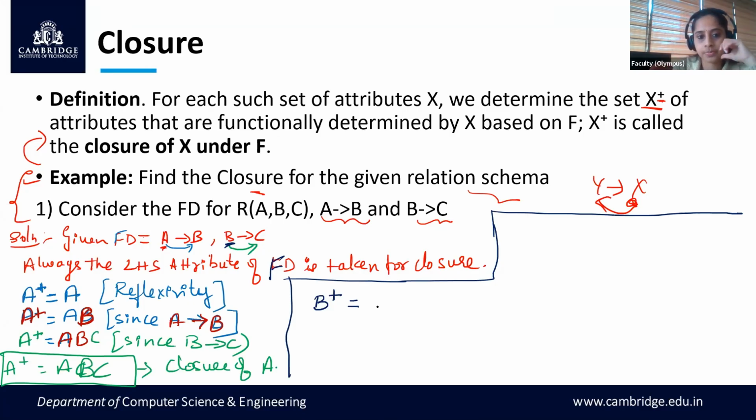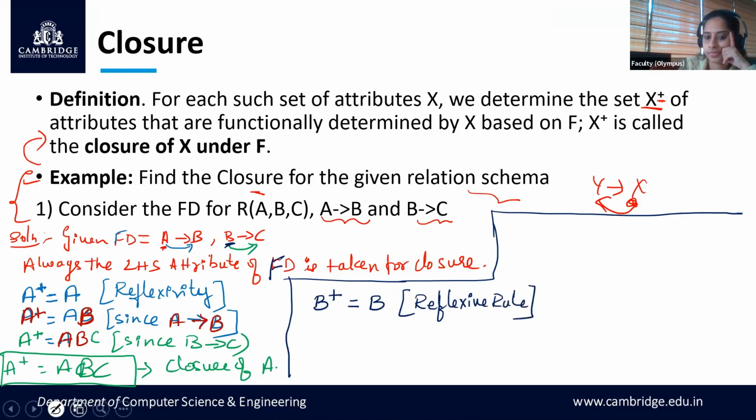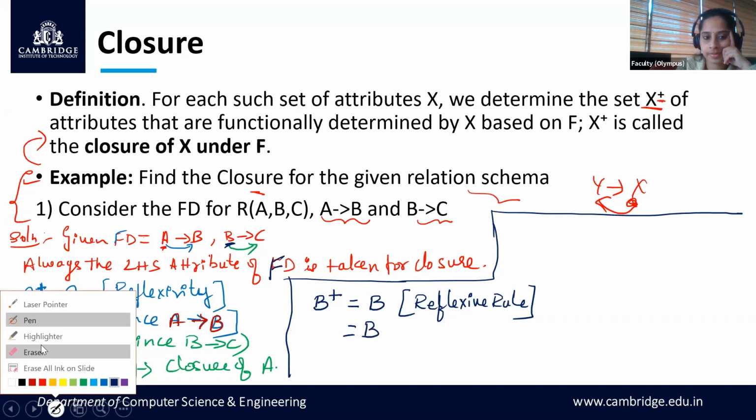B closure. What is a B closure? The first one will be B itself. Reflexive rule. Okay? Now, I need to take the new B plus.